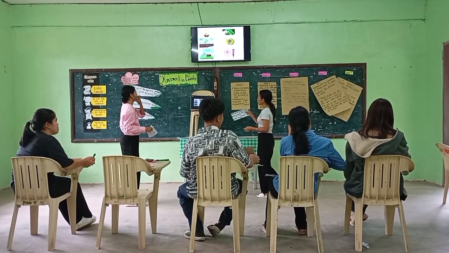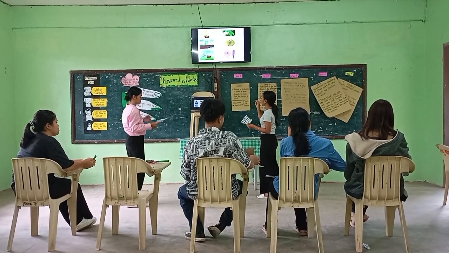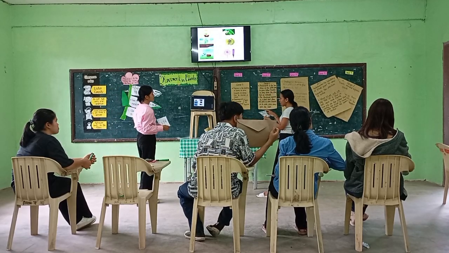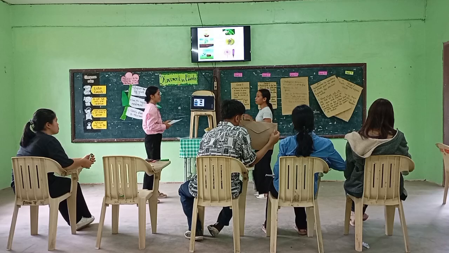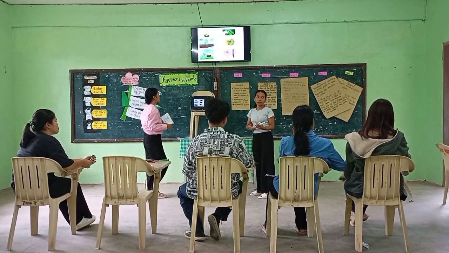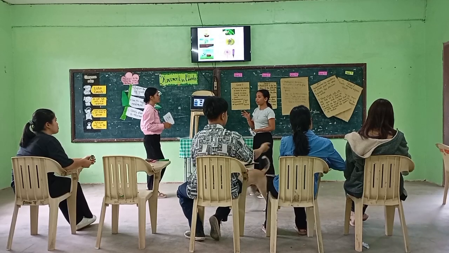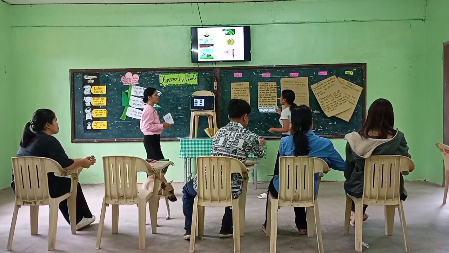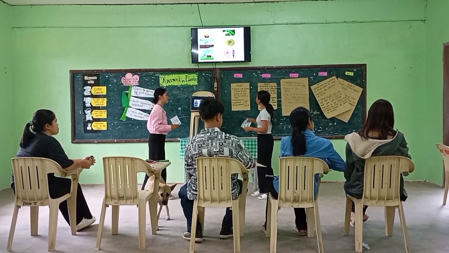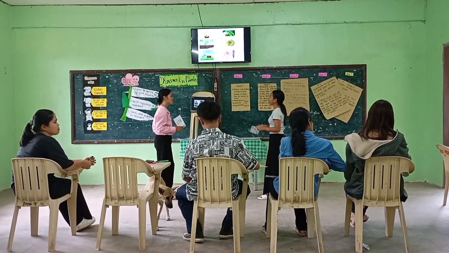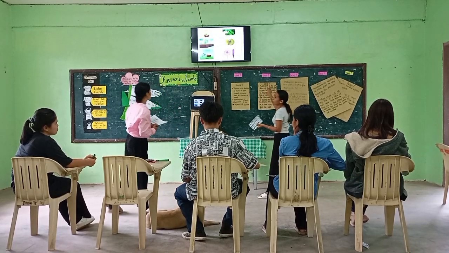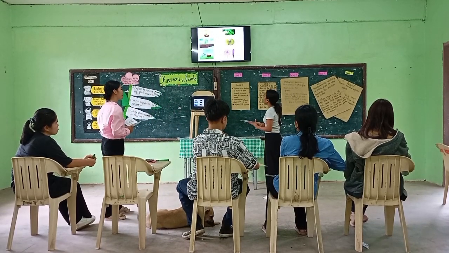The response stimulus of that type of movement is a source of water, because it survives on a source of water. Then the third one is what we call geotropism. So the response stimulus of geotropism is the force of gravity.